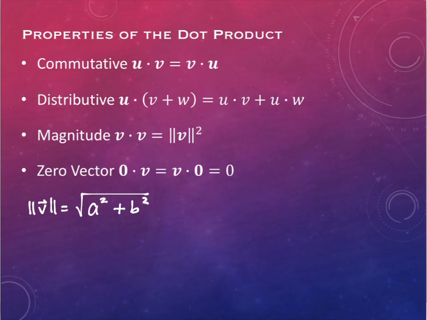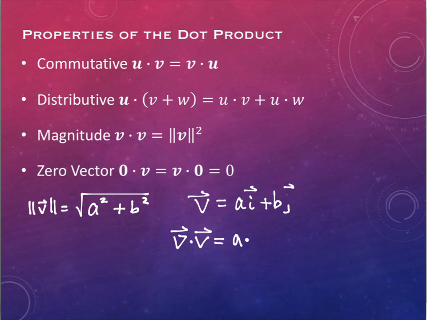I'd like you to consider this vector, ai plus bj, and the dot product with itself. If I did the dot product of v with itself, that would mean I would do a times a plus b times b, correct? That's a squared plus b squared, isn't it?